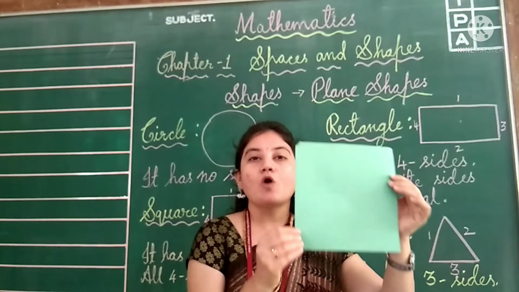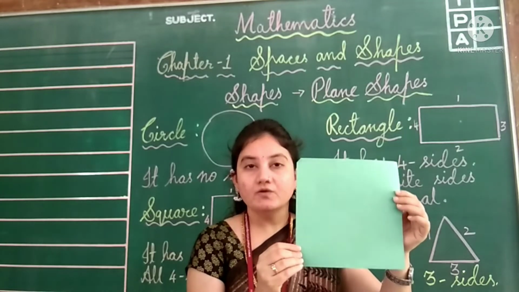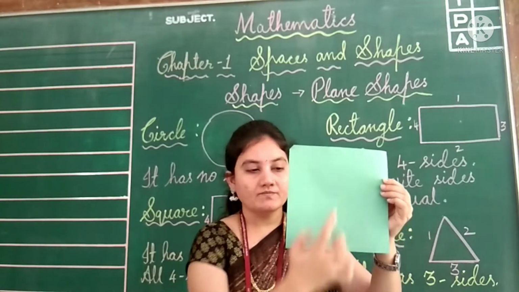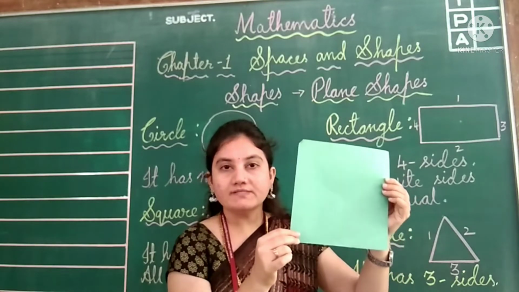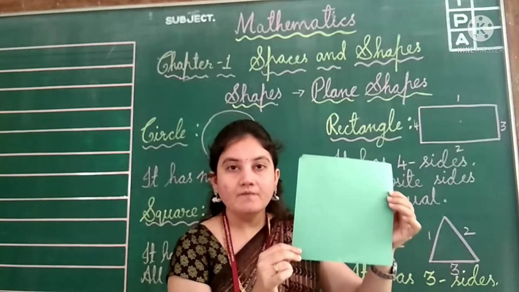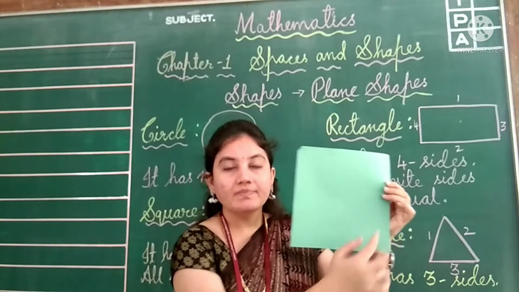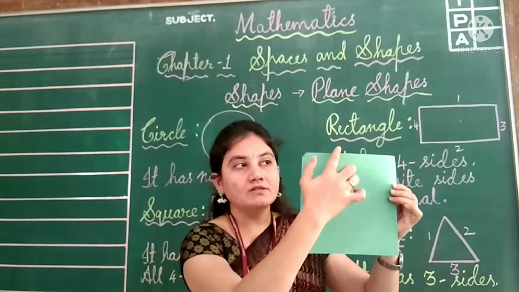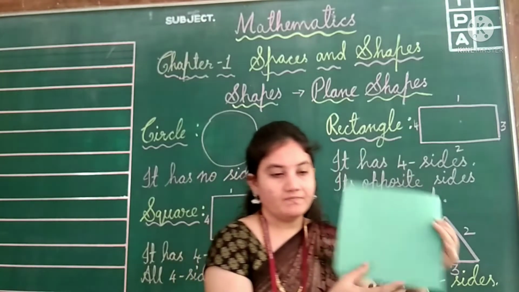This is square. Okay? It has 4 sides. You can see here. 1, 2, 3, 4. 4 sides, isn't it? Here, all the 4 sides are equal. In square, all the 4 sides are equal. Okay?